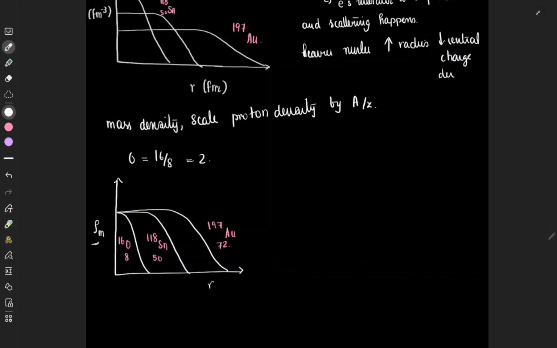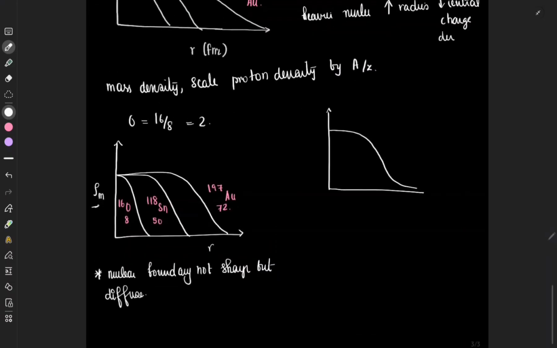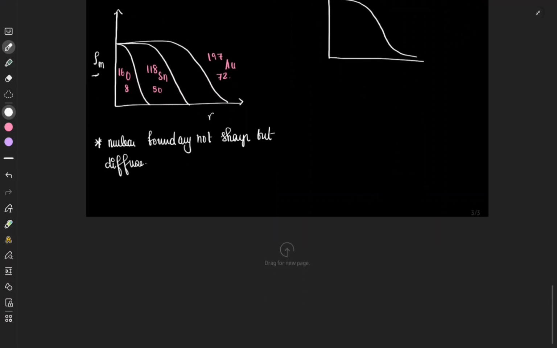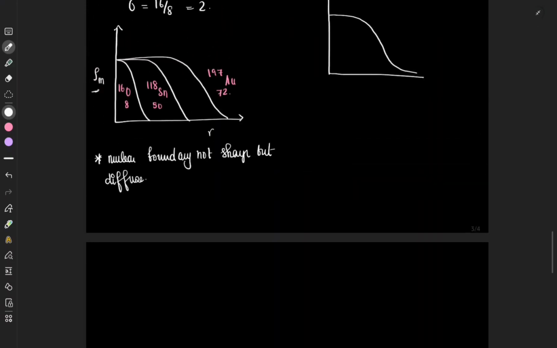So I'll draw a graph. It's like this. The point where the density drops to half its maximum value is defined as the nuclear radius. This distribution is mathematically modeled by the Woods-Saxon function, that is rho is equal to rho naught divided by 1 plus exponential of r minus R by a.